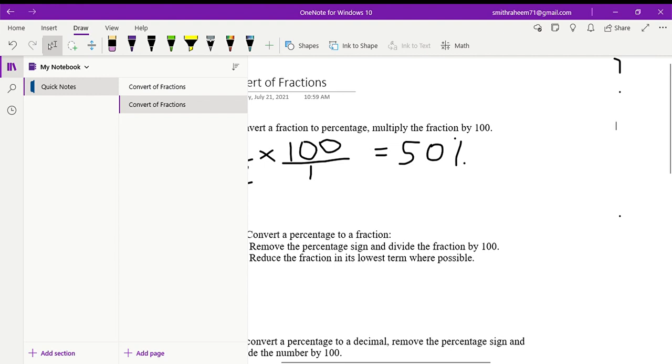Alright, so I'll give you an example. Let's say you have a quarter. Let's use a different color. Alright, so next example.